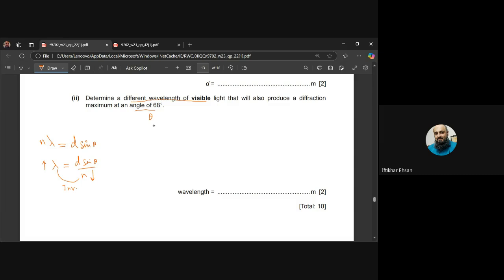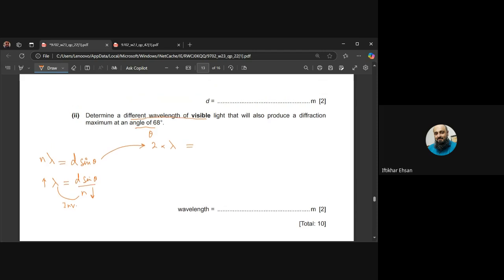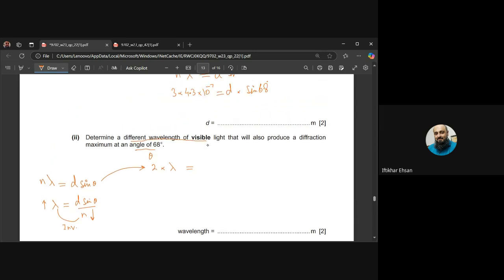Beta, we will use this formula and put the second order. The D will be the same as what we calculated. Can you suggest the answer, please?